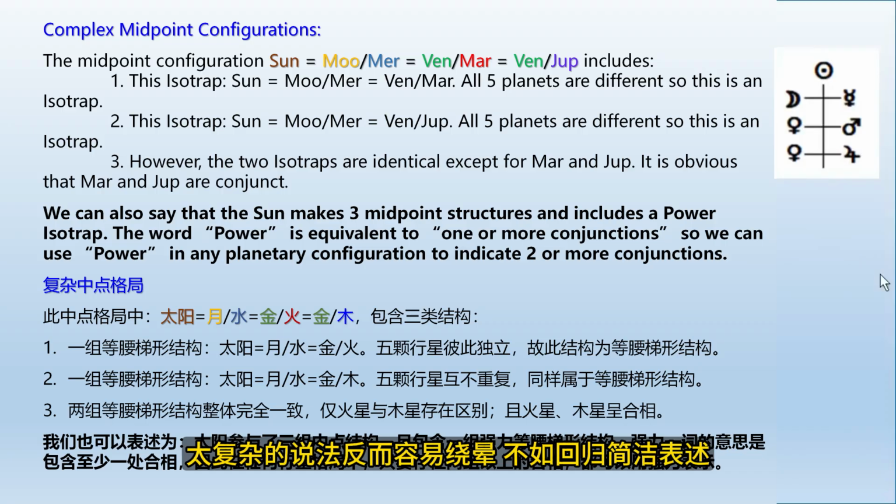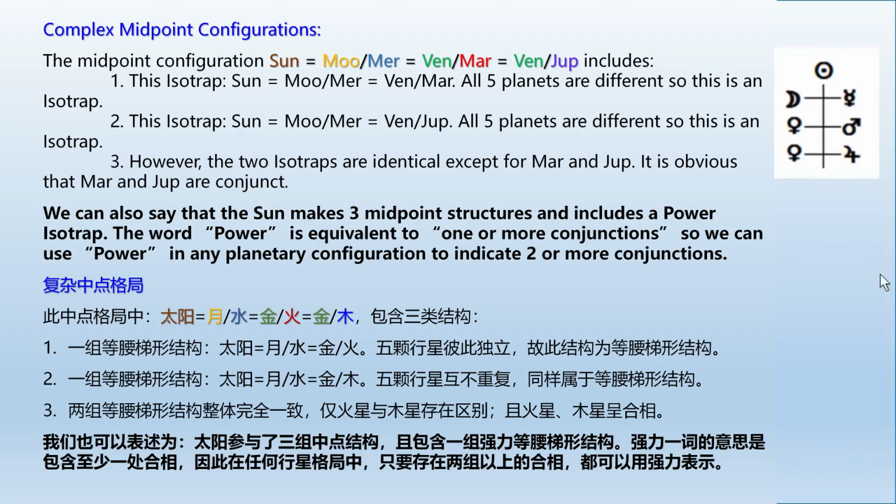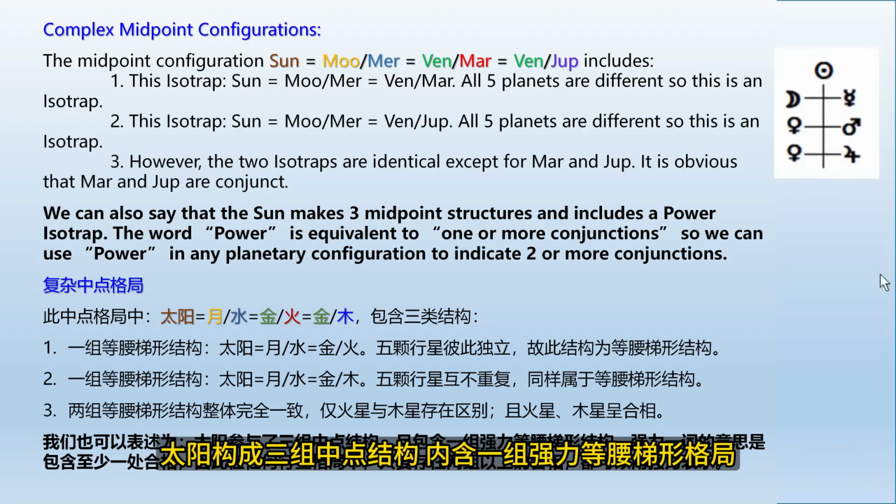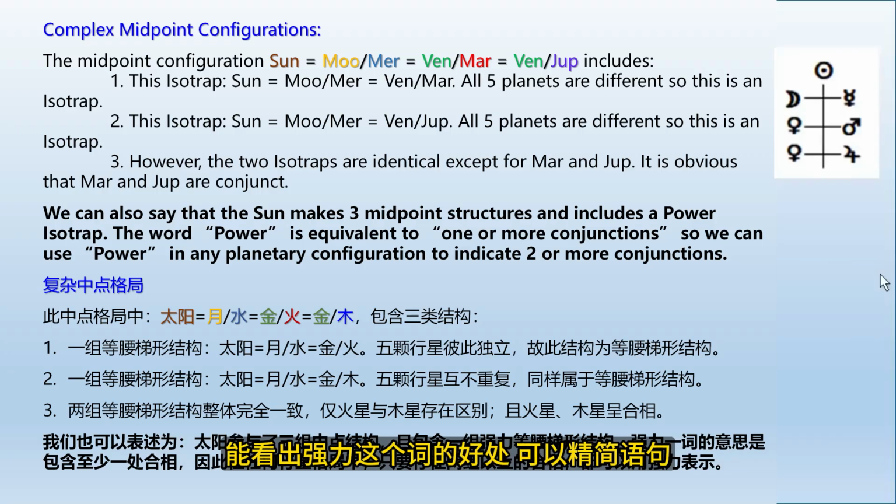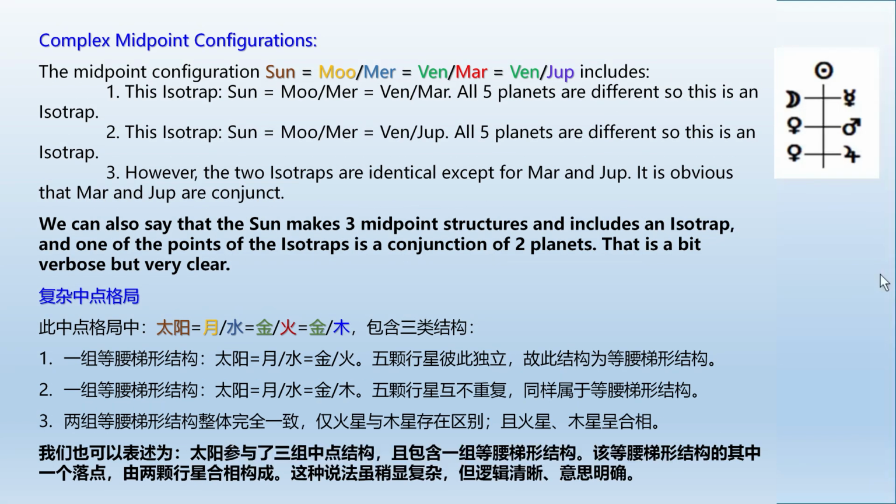Go to the previous one: the Sun makes three midpoint structures and includes a power isotrap. You see how that word power is very helpful to condense what you're saying and convey the image more directly, succinctly, and clearly. So this language really works as you get used to it. It really helps you convey a visualization of the pattern.